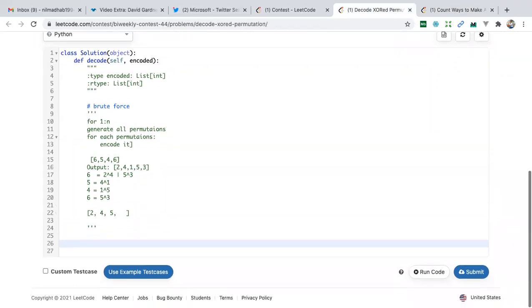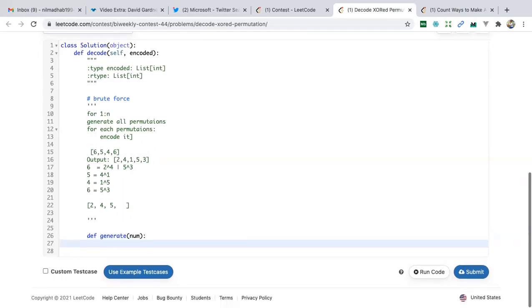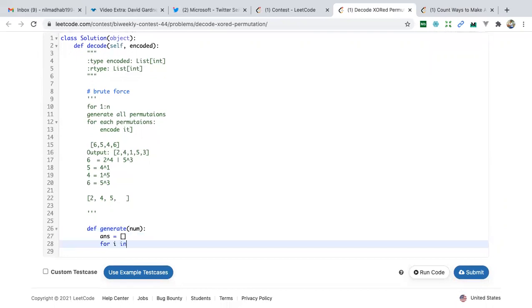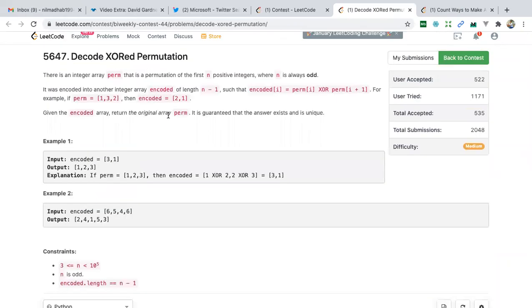So definition generate number. The answer will be this. For i in range of 1 to n plus 1, the first n positive numbers. Do you have the n?